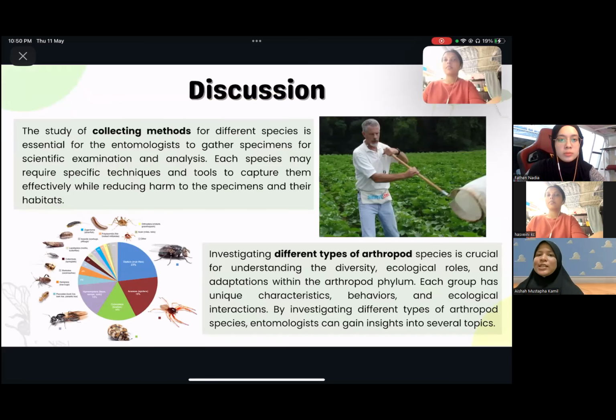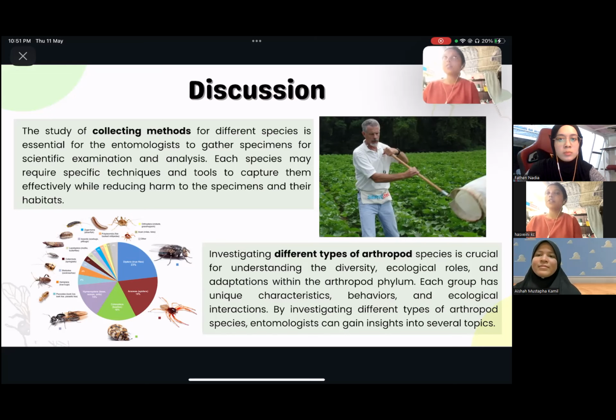Moving on to the discussion. For the first objective, which has been achieved, the study of collecting methods for different species is essential for entomologists to gather specimens for scientific examination and analysis. Each species may require specific techniques and tools to capture them effectively while reducing harm to the specimens and their habitats.